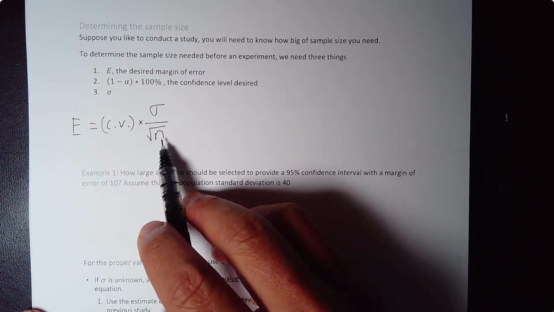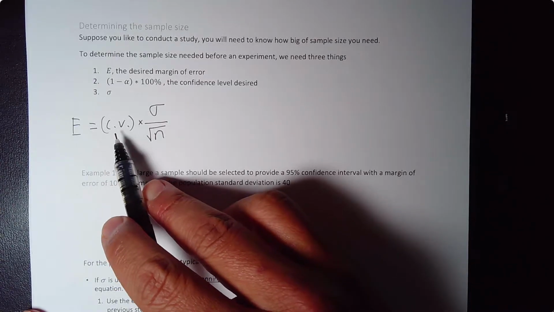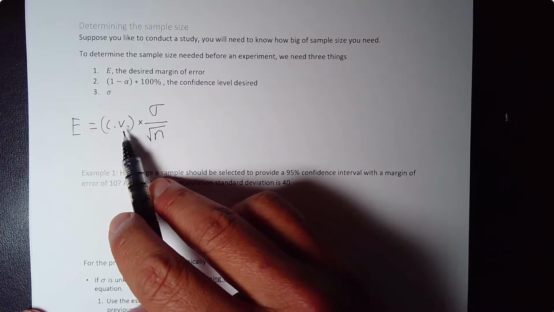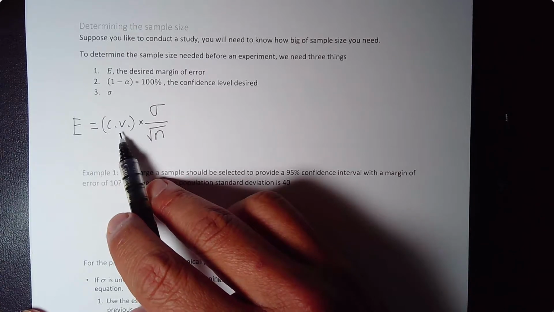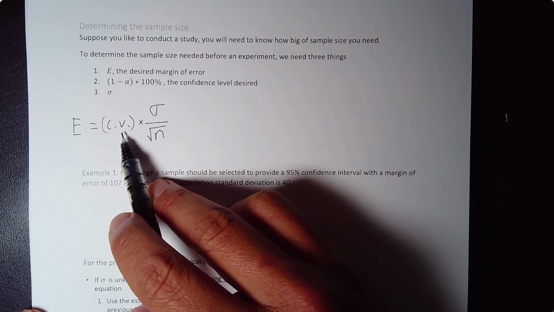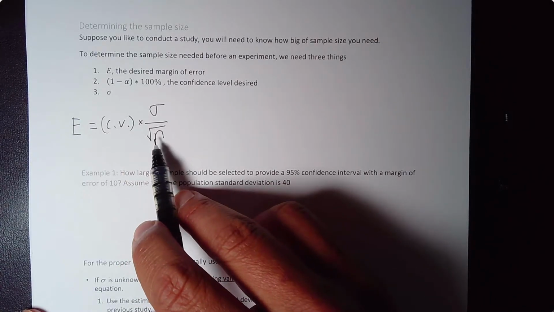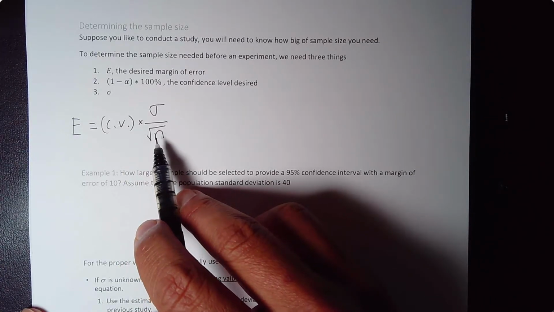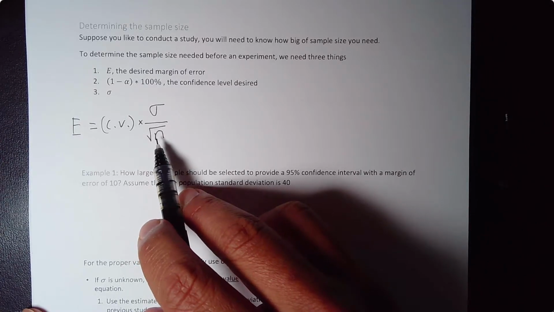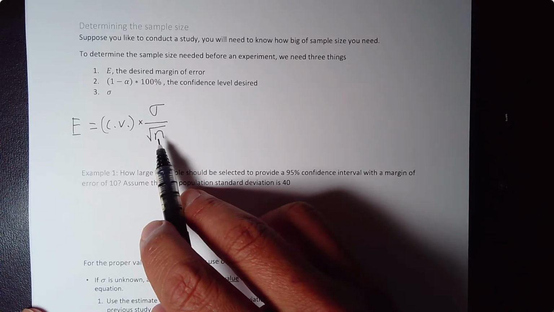What that means is, given a fixed critical value, which determines our confidence, since the critical value comes from the confidence, we can keep the same level of confidence while decreasing the margin of error by simply increasing the sample size. So the bigger the sample size, the more accurate our estimate is.